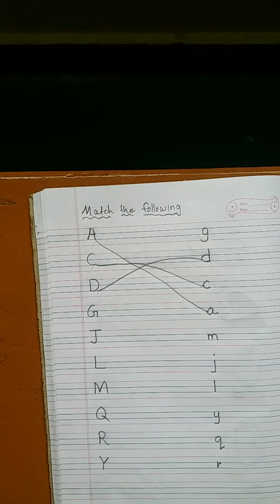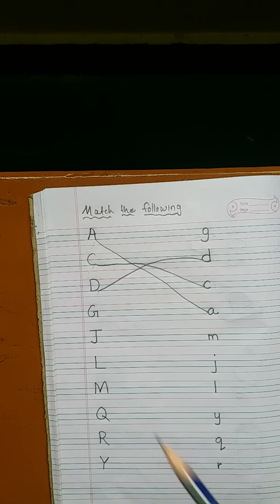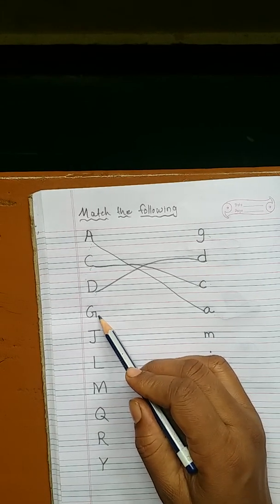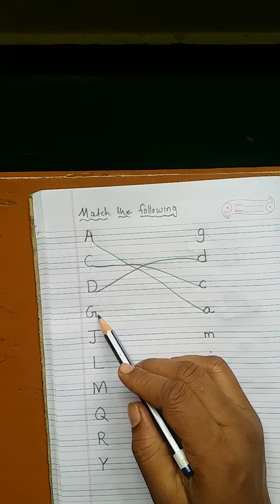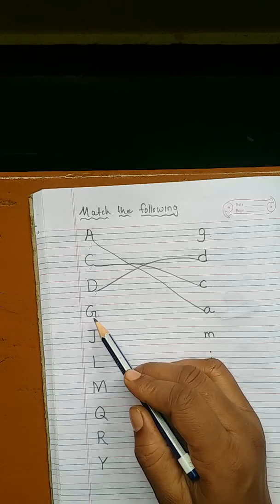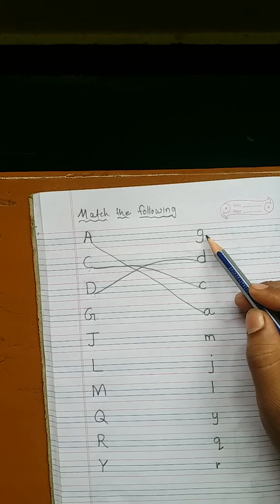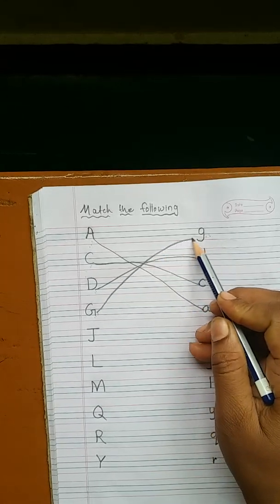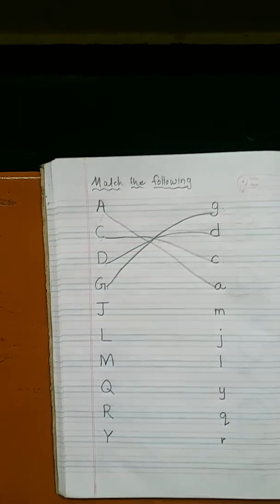Make a line. Now see this letter. This is letter G. This is capital letter G and this is small letter G. So match it. Yes, like this we have to do.